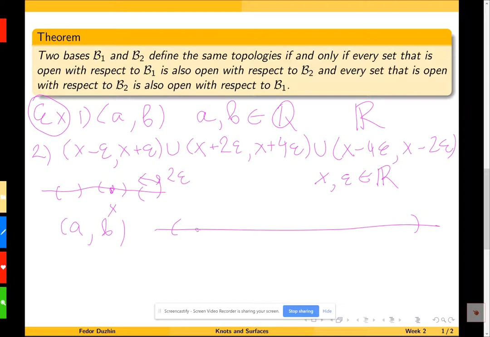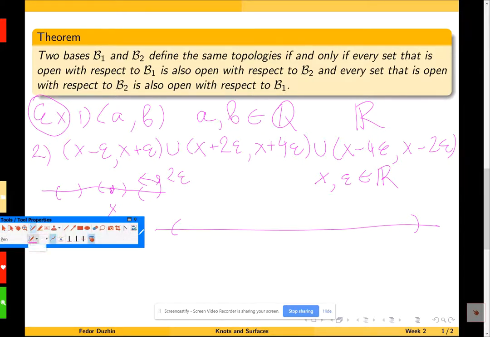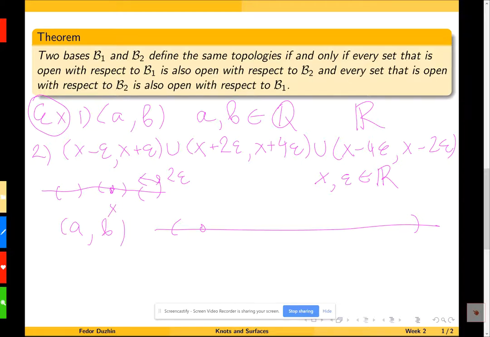Then we choose any point here, let's say this is a point X. And then we need to show that there exists a basic set of the second topology that sits entirely in the interval from A to B.